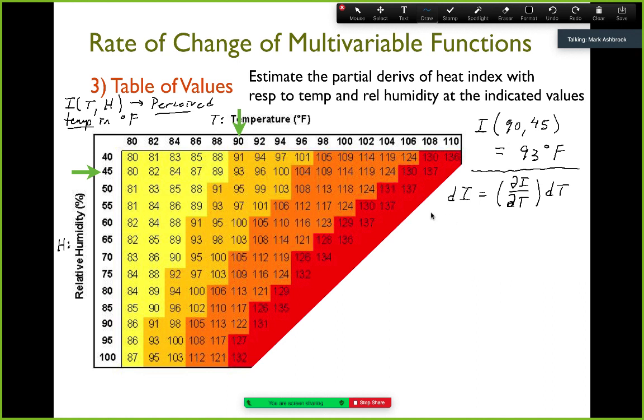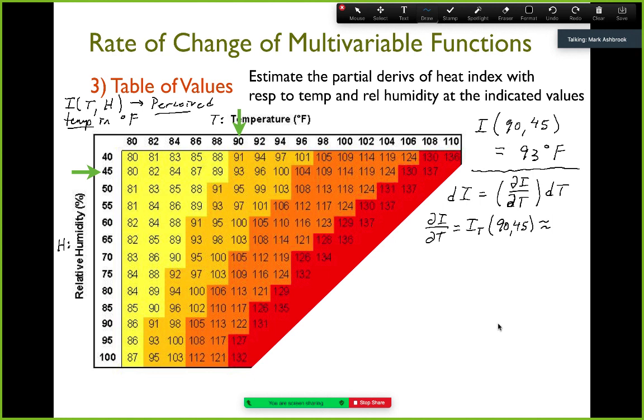So what does the partial derivative equal? We could write it this way, I_T, and we're going to look specifically at 90 and 45. Based on this table, how can we estimate the partial of heat index with respect to temperature?